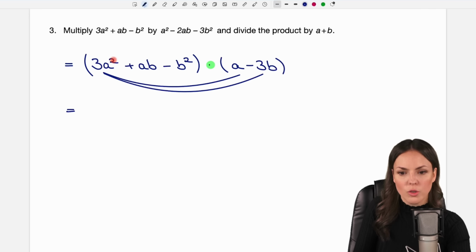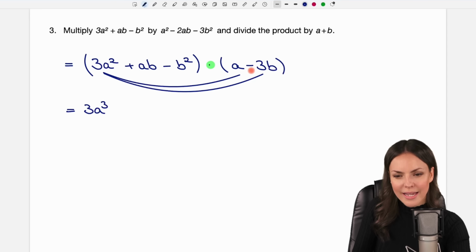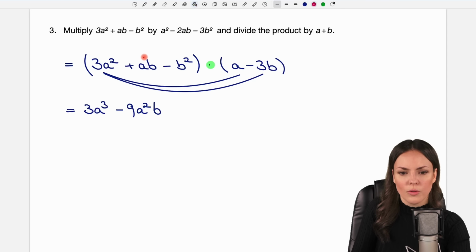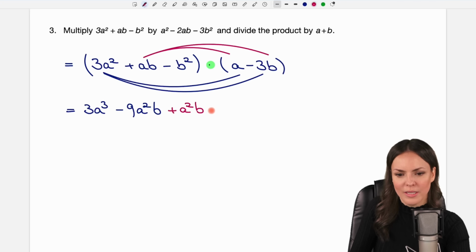So we have 3a squared times a, which equals 3a cubed, and 3a squared times negative 3b, so we have negative 3 times 3 equals 9, and a squared and b equals a squared and b. Next element, so this is multiplied by every element as well. So we get ab times a equals a squared b, and ab times this is going to be negative.